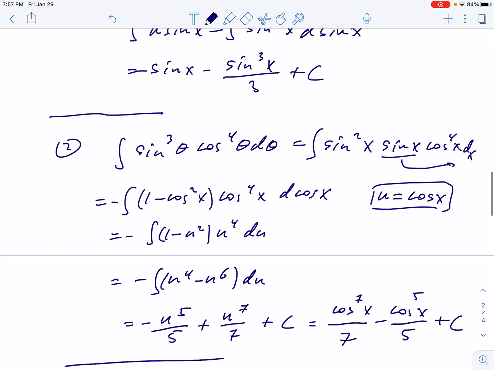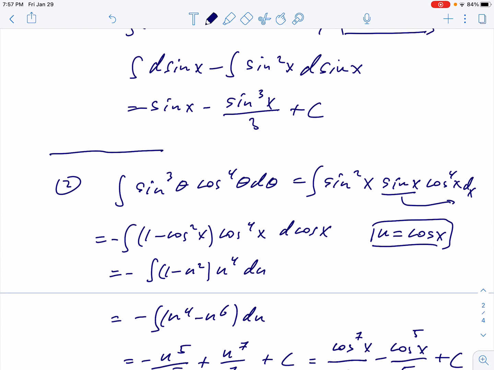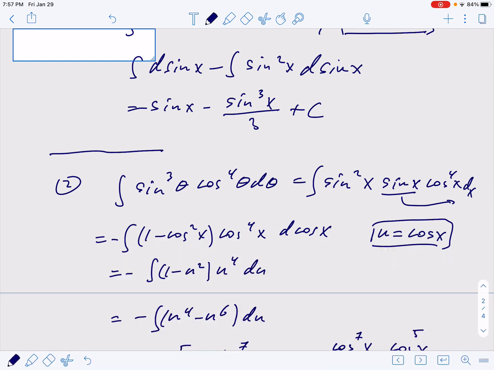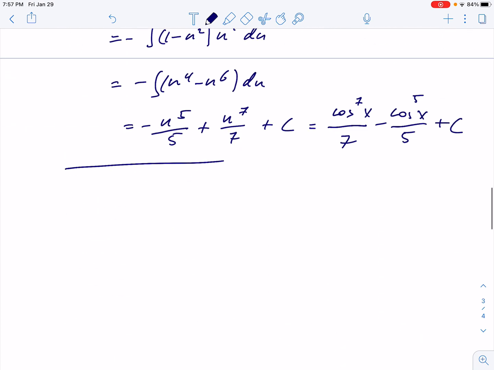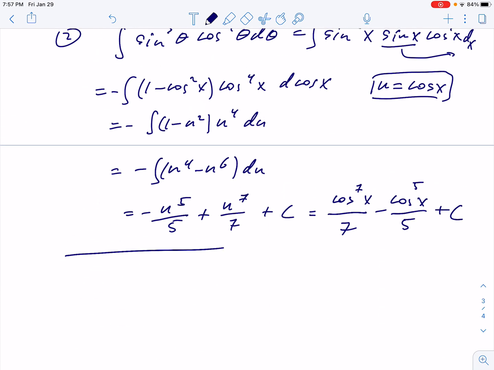Oh, I'm very sorry, because as you see, the integral was written in terms of theta, and I continued with this x. I'm so used to this x. So we can think that x is theta. Okay, I'll be more careful next time.